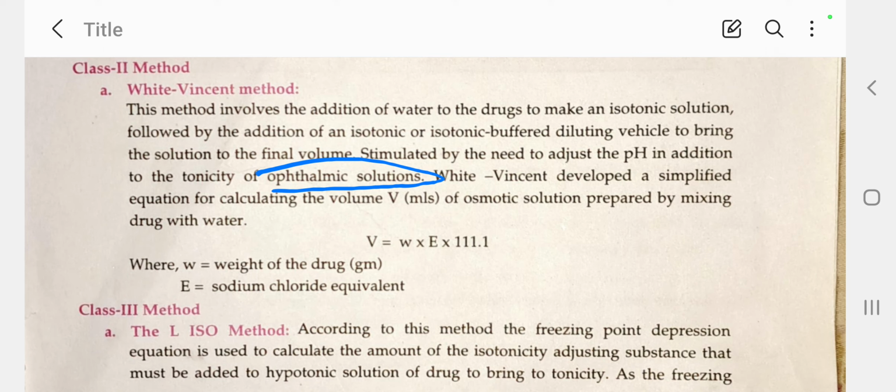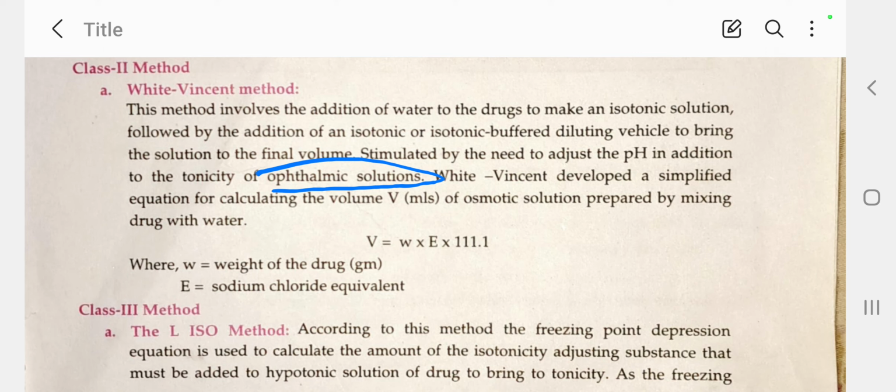So we have to adjust it to isotonic, especially in the case of ophthalmic preparations. Why? Because lacrimal fluid is equivalent to a 0.9% sodium chloride solution.